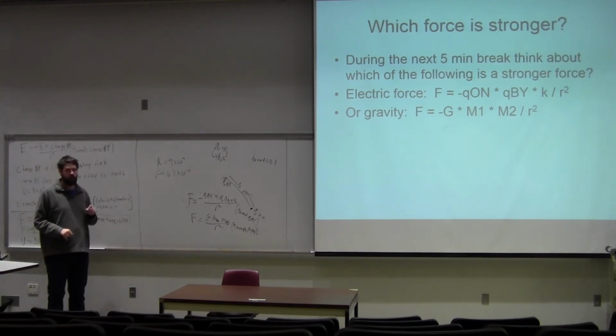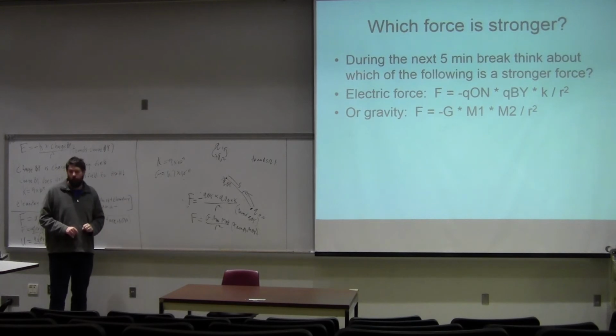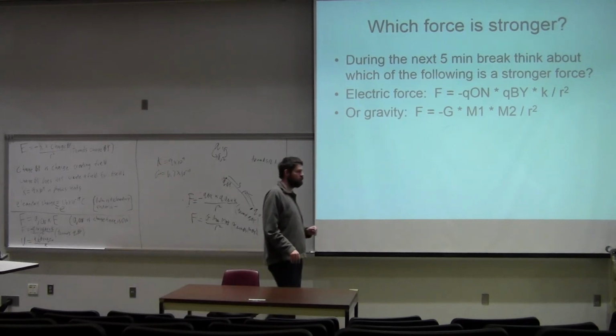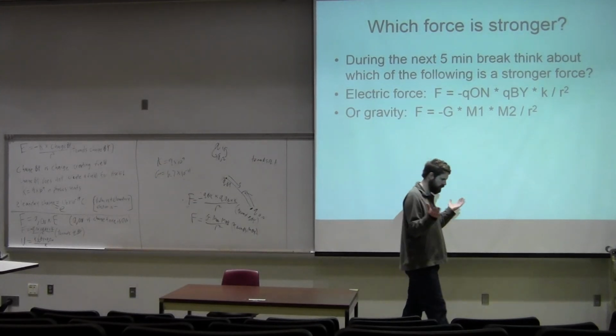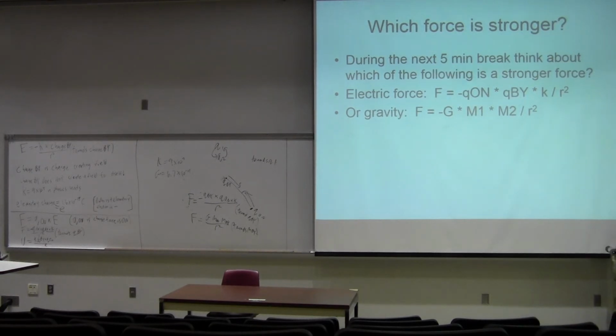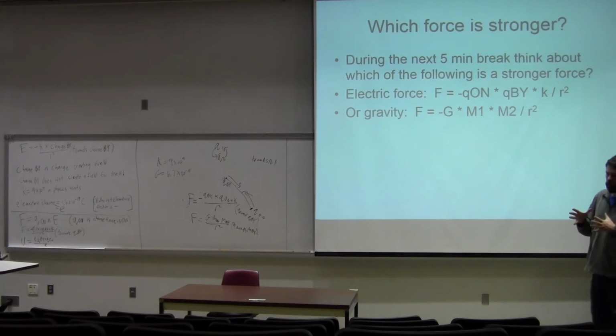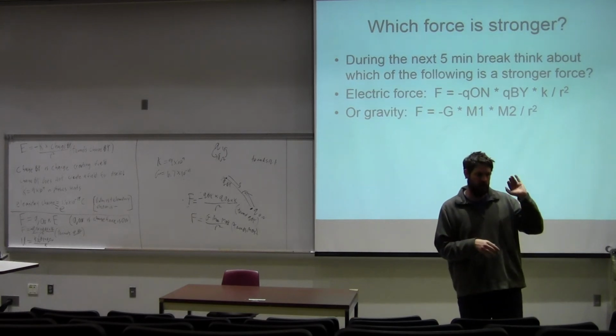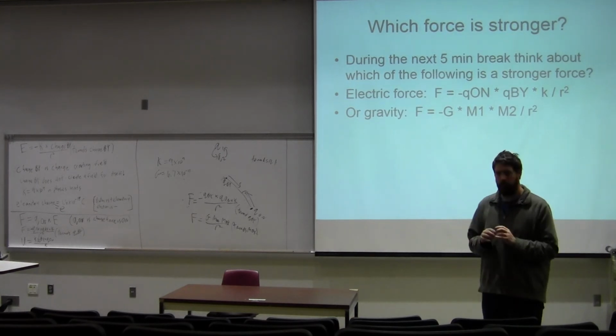Gravity, electric, or are they equal? I'll pause for a moment for you to think about this and debate and probably change your mind 10 times. Okay, you changed your mind 11 times. Maybe I should give you the answer. All right, so if you pick that they're equal, that is incorrect. Okay, so eliminate that one. So it's either gravity or electric.